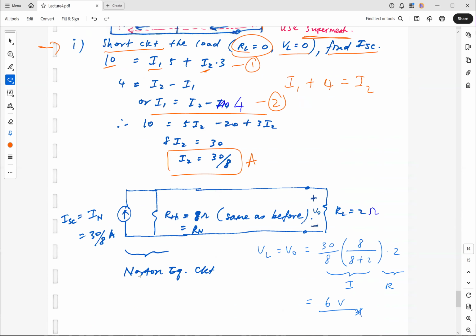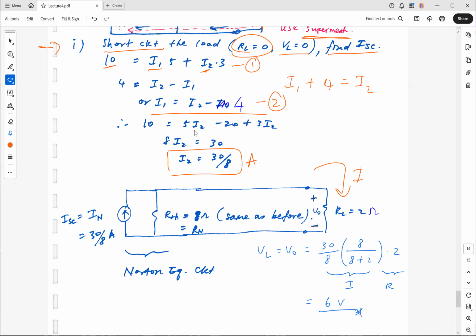And I have my Norton equivalent circuit, which consists of a current source in parallel with a resistor. Notice that this resistor, my load resistor, remains the same; this one I cannot change. It's always 2 ohm, and this is my V naught. To find V naught or VL, simple current division first, to find the current passing through this 2 ohm resistor.